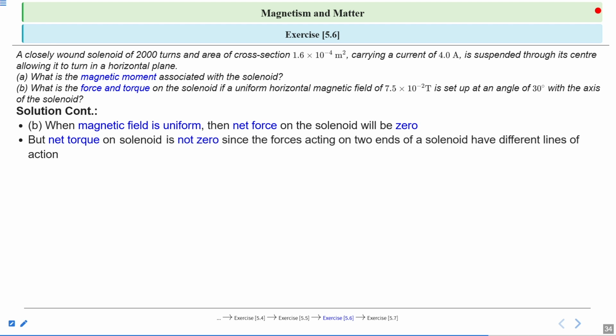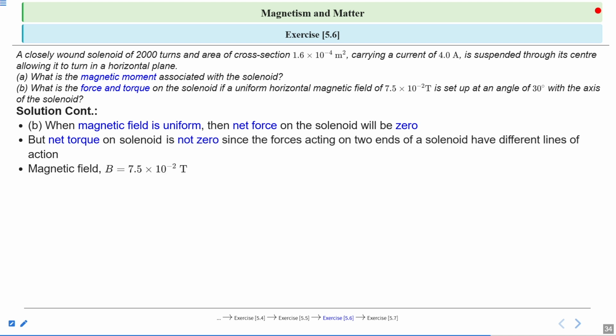The forces acting on the two different ends of the solenoid or bar magnet have different lines of action. They are not acting on the same line of action. So the net force is zero, but the net torque is not zero. They will produce a couple, and tend to rotate the solenoid or bar magnet. So net torque will be there.